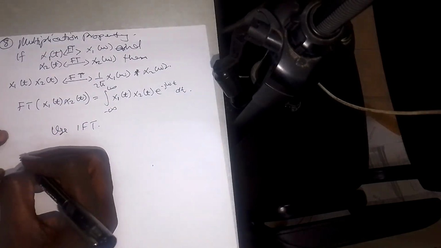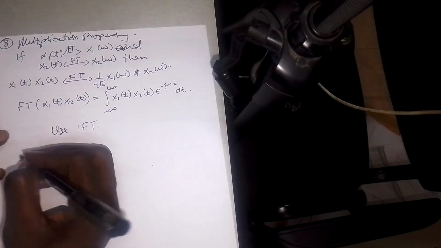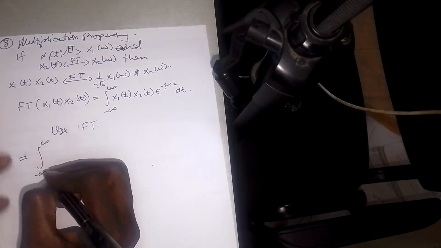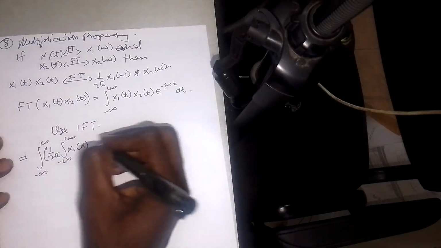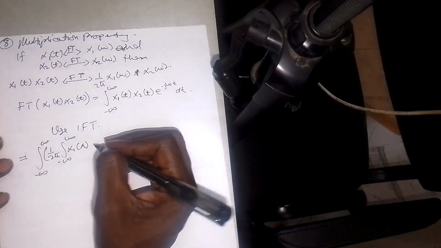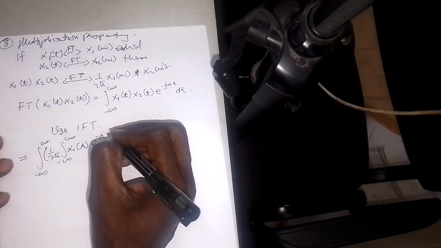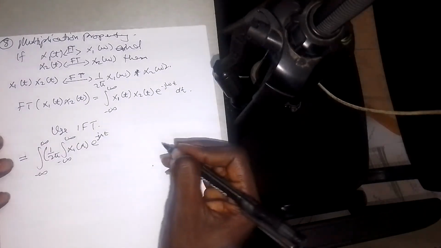If I use the inverse Fourier transform here, it is going to be like this: the integral from minus infinity to infinity, and then 1 over 2 pi times the integral from minus infinity to infinity of X1 of lambda, let's say lambda to differentiate it, times e to the j lambda t.